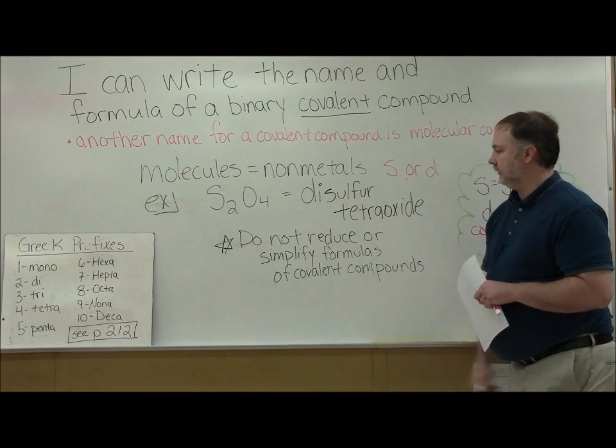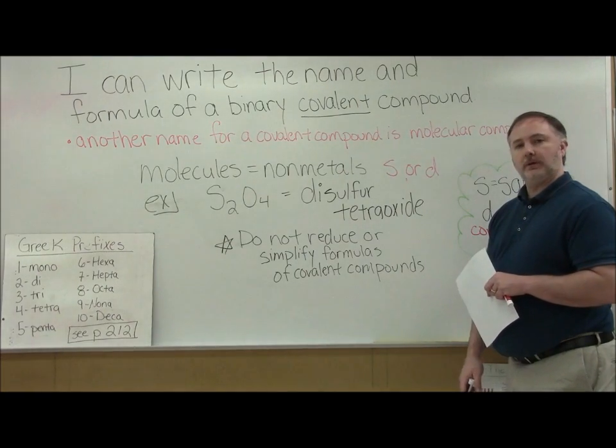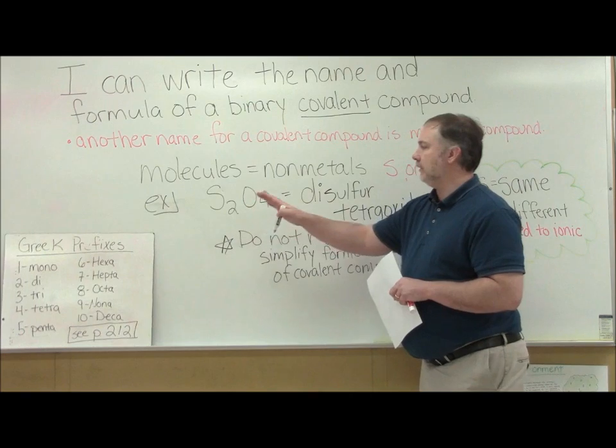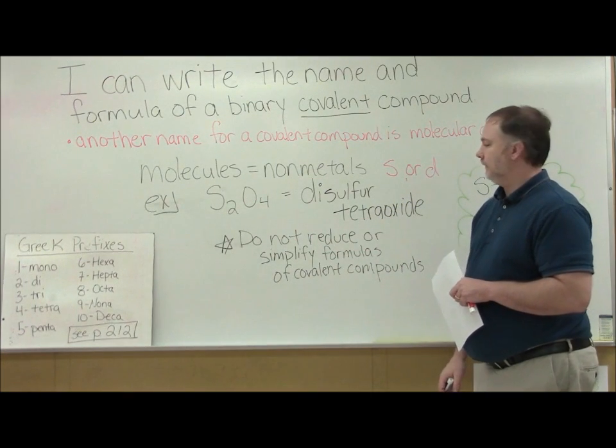Do not reduce or simplify formulas for covalent compounds, because that actual molecule has 2 sulfurs and 4 oxygens.